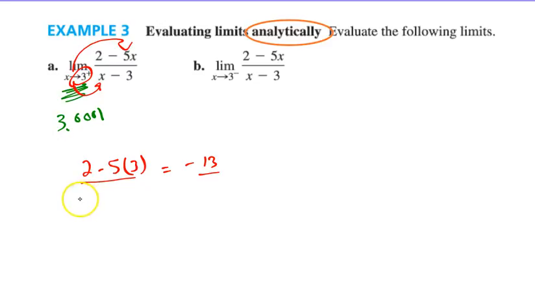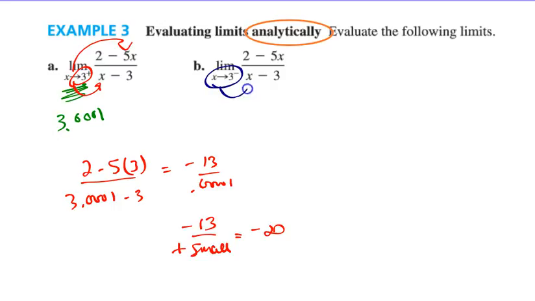But in the denominator, I'm thinking about 3.0001 minus 3, which is 0.00001. Which again, it's negative 13 over a positive small number. And we discussed on the previous slide that that would go big. In this case, negative big.